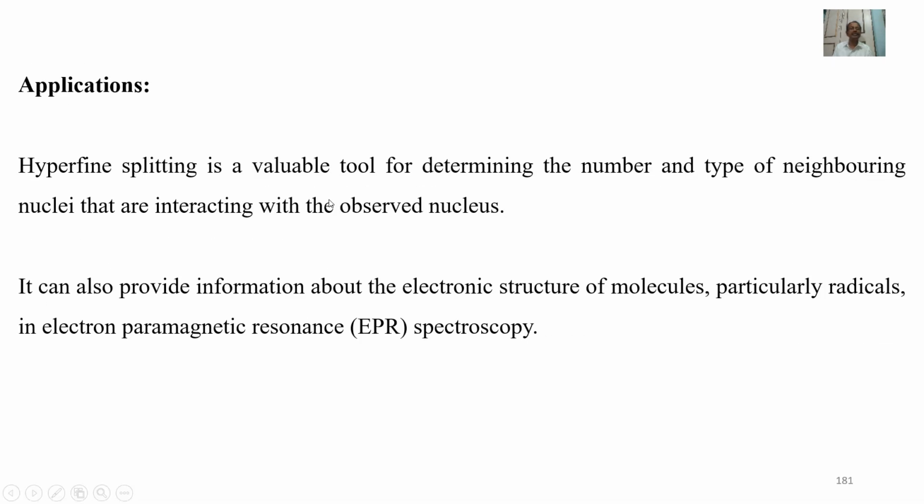Applications. Hyperfine splitting is a valuable tool for determining the number and the type of neighboring nuclei that are interacting with the observed nucleus. It can also provide information about the electron structure of molecules, particularly radicals, in electron paramagnetic resonance spectroscopy.